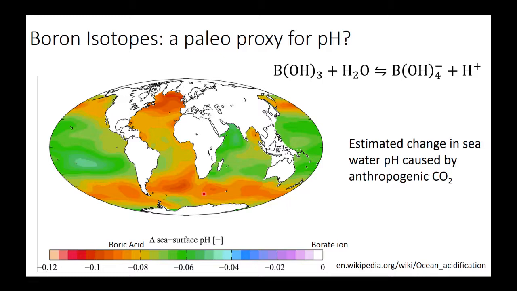But we can't do that in the past. If we want to investigate potential carbon cycle changes, such as changing ocean productivity, changing how much CO2 has been put in the atmosphere by volcanism, or maybe sudden gas hydrate release, all of these different carbon cycle perturbations might have slightly different effects on ocean pH. So if we had a proxy for that, we'd know a little better about the carbon cycle in the past.